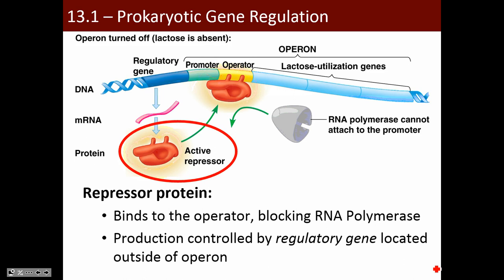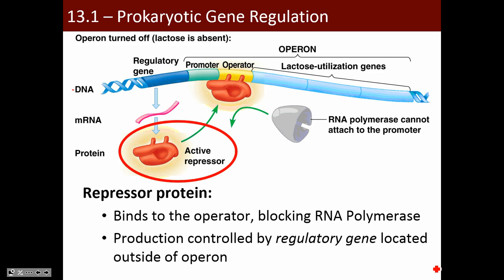The repressor protein is made by the regulatory gene, which is upstream before the structural genes. It's completely separate and outside of the operon. So we don't have to interact or do anything at the operon for the repressor protein to be transcribed and translated. It's going to be happening completely separate.